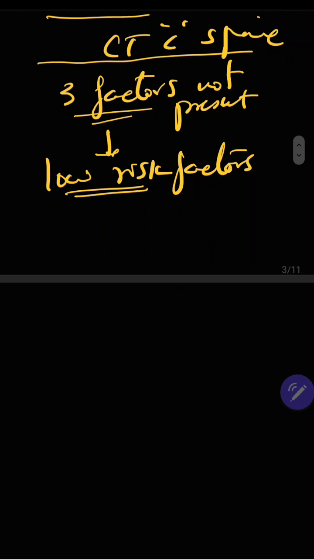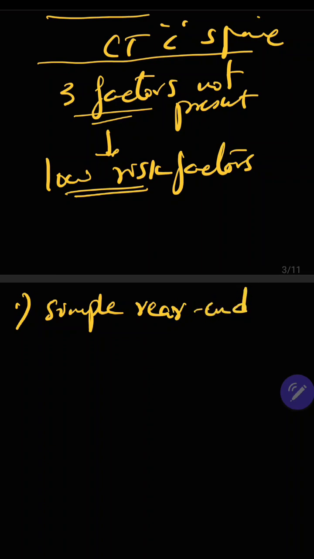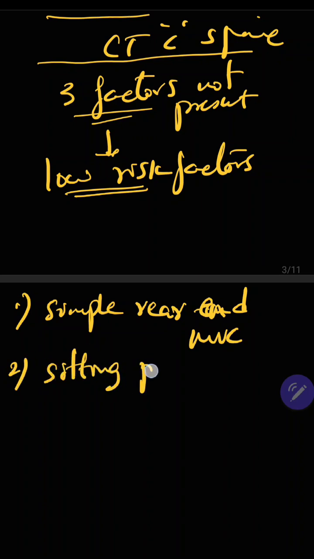The low risk factors are: number one, simple rear-end motor vehicle collision. So the patient is going in a vehicle and there is a simple collision from the backside. And number two, the patient is in sitting position in the emergency department.